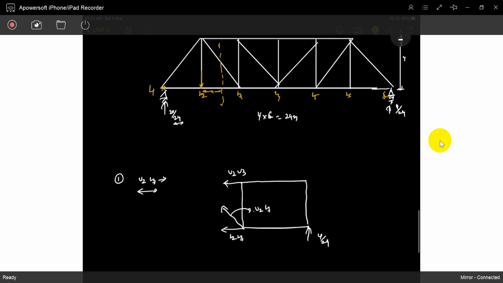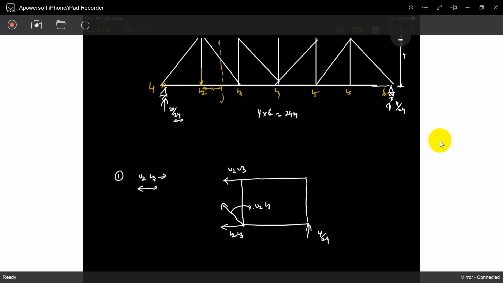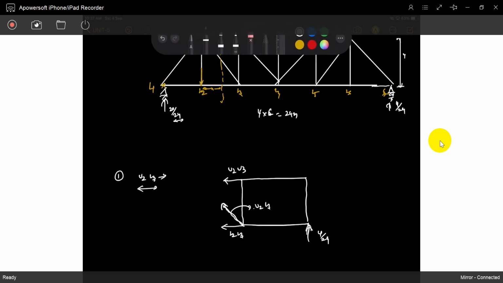You can find it out by balancing the forces itself. Sir, this is a vertical force and this is an inclined force, how can we balance? By balancing the vertical component, because the other two forces are horizontal, no need to consider horizontal equilibrium. So we take vertical equilibrium.